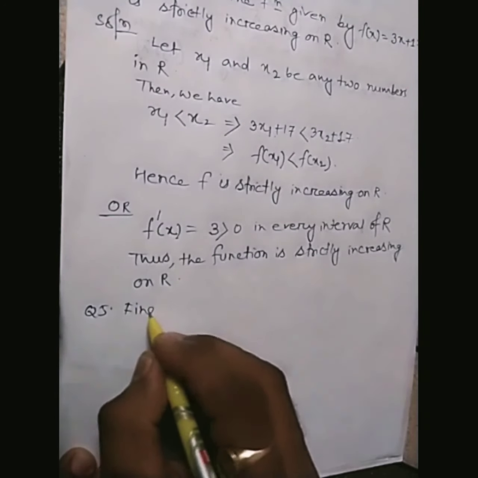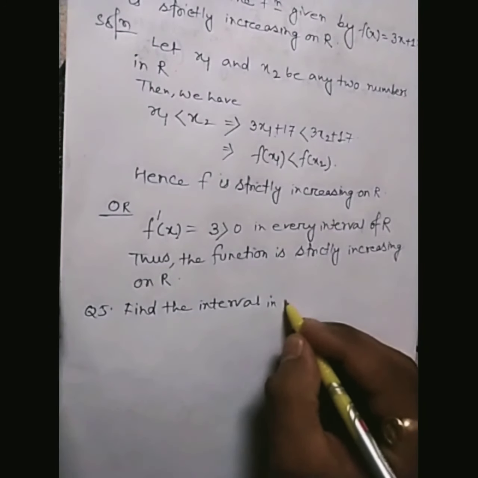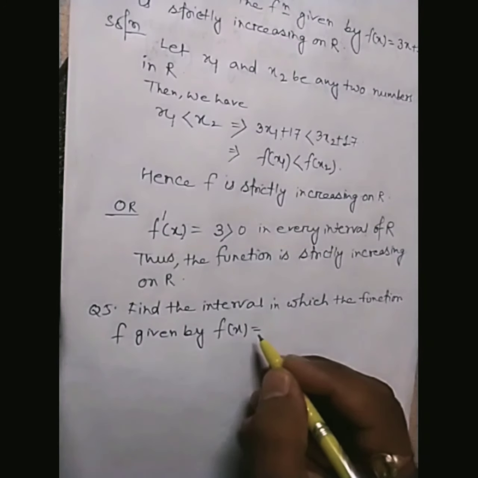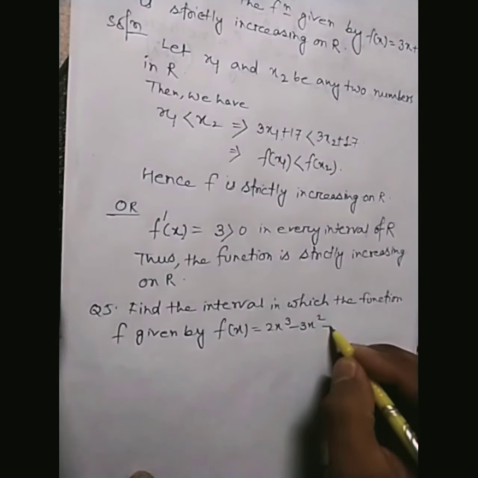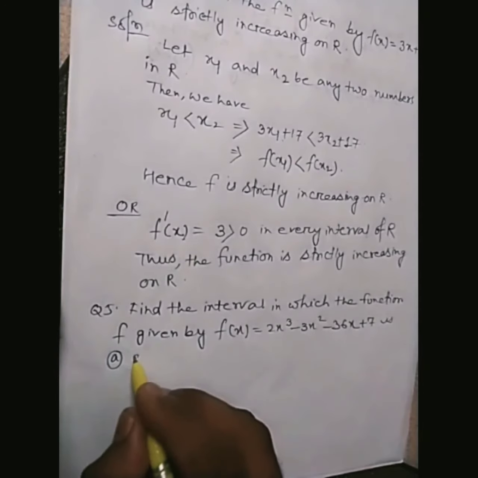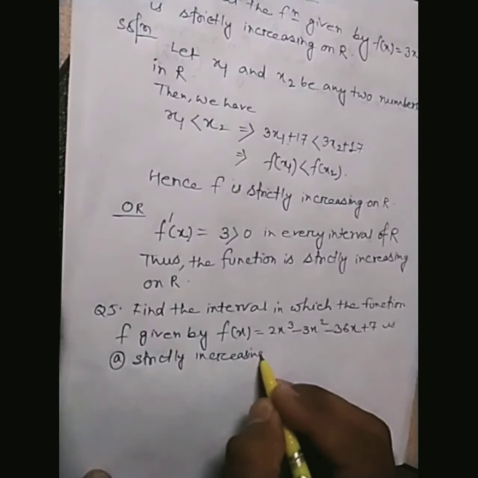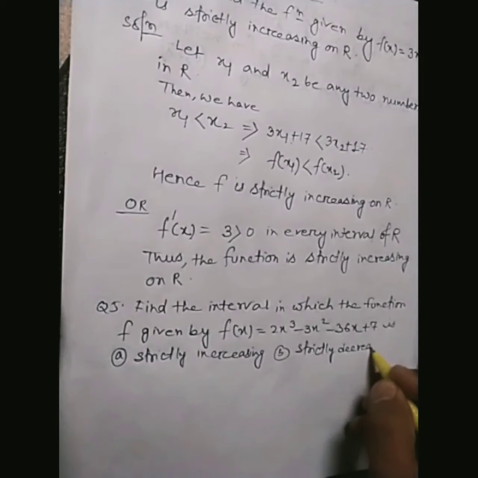Find the interval in which the function f given by f(x) = 2x^3 - 3x^2 - 36x + 7 is (a) strictly increasing, (b) strictly decreasing.